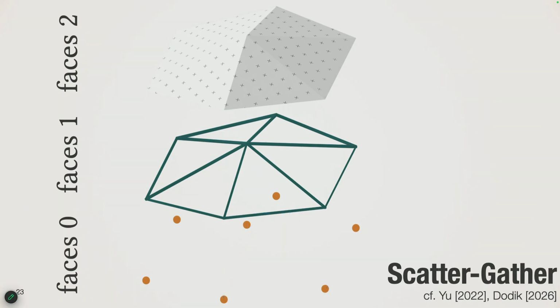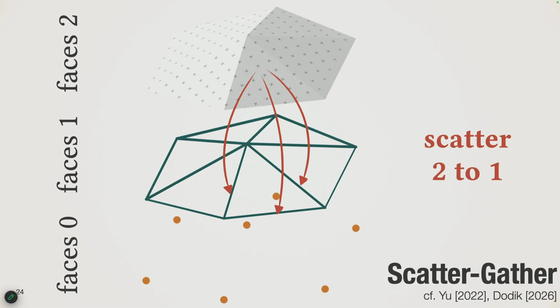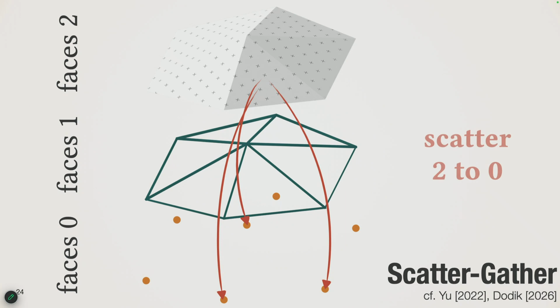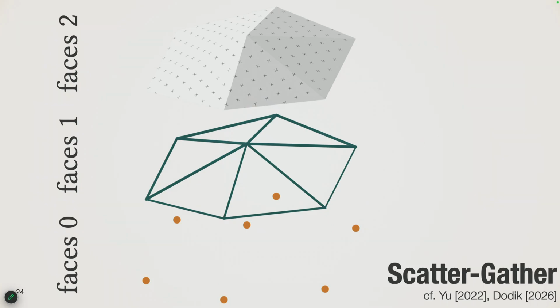To go the other direction, each face can scatter data down the hierarchy. So if you have something living on this face, you can take that value and distribute it, for example, to all of the edges here, or you can distribute it down to all of the vertices of this face, and likewise you can distribute edge-based data down to the vertices.